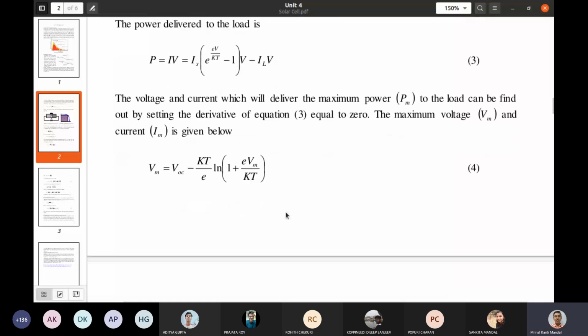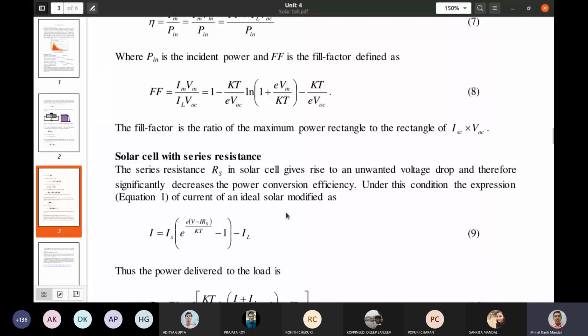But if we consider a series resistance, what will happen to the current expression of the solar cell? In its absence we were considering all this derivation.